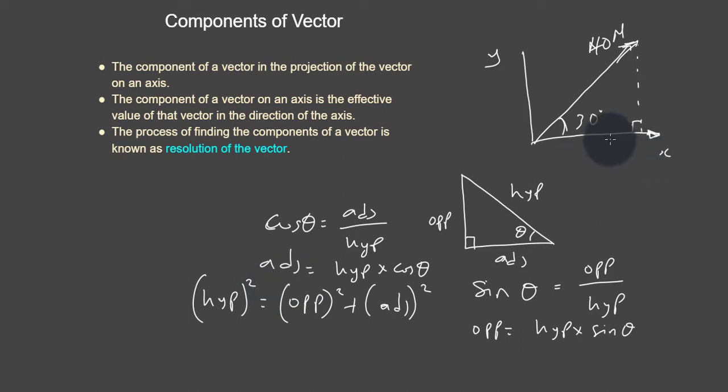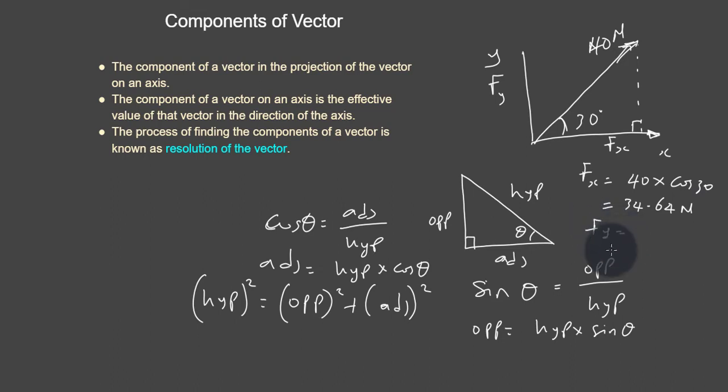So let's say this is Fx and this is Fy. So we can say that Fx is the adjacent, which is equal to the hypotenuse, which is 40, times cos of the angle theta. So if you solve this, you're going to get 34.64 Newton.